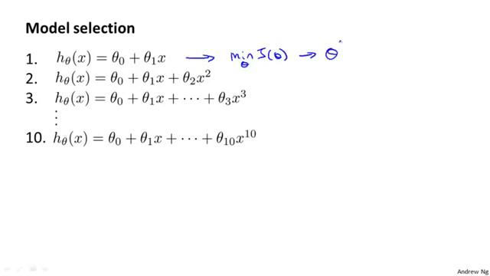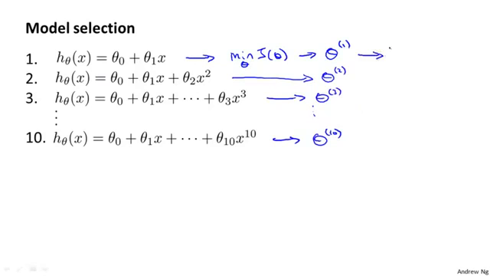As before, I put a superscript 1 to denote that this is the parameter for the linear model. We do the same thing for the quadratic model, get some parameter vector theta 2, theta 3, and so on down to, say, the 10th order polynomial.